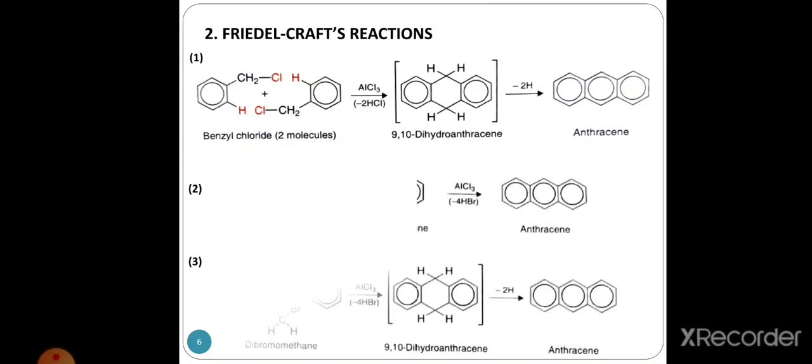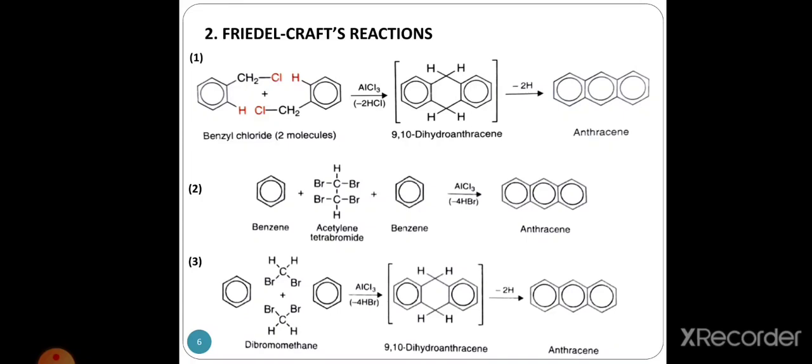In the second method, anthracene is prepared by the reaction between benzene and 1,1,2,2 tetrabromoethane, which is also known as acetylene tetrabromide.